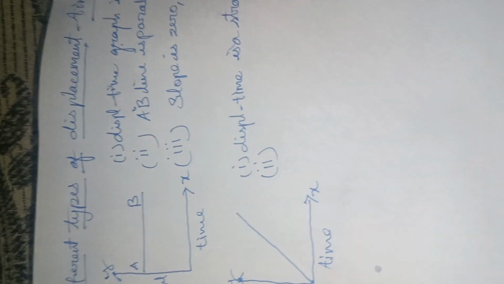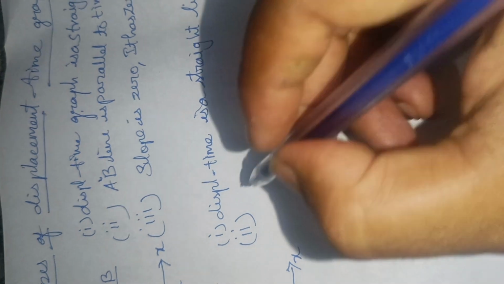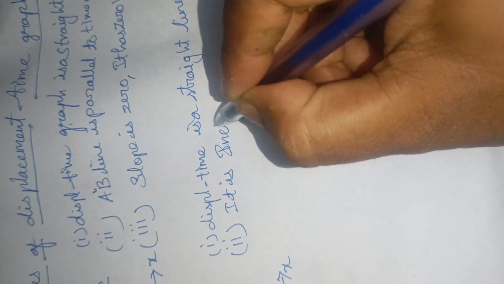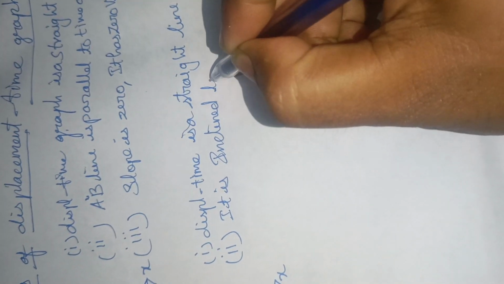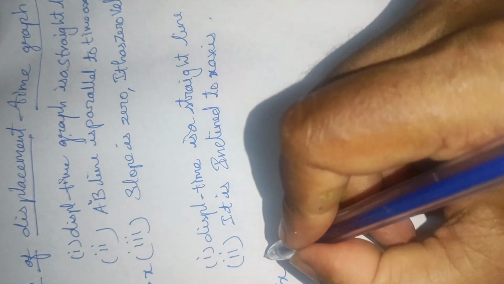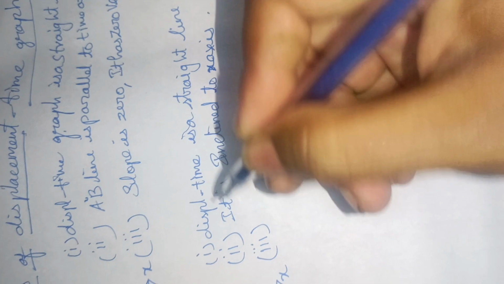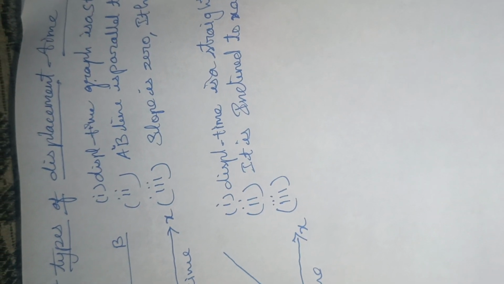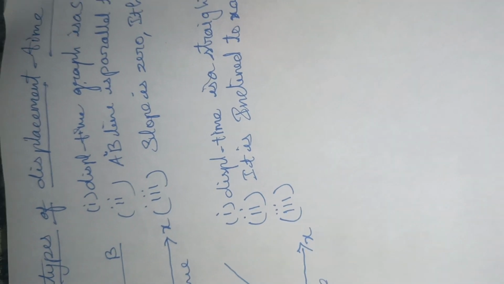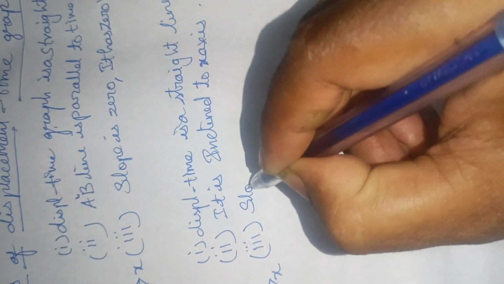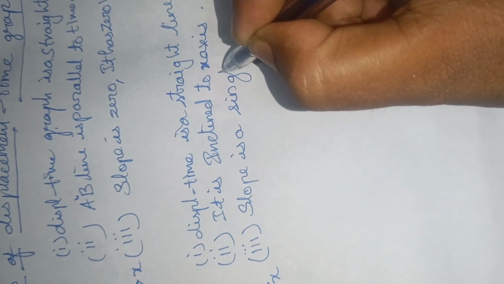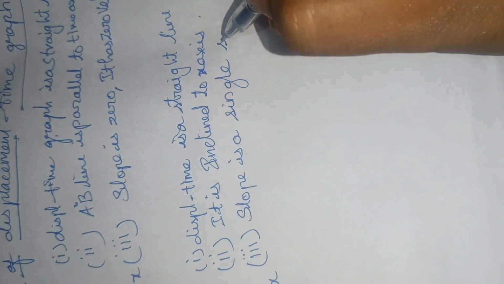Next, point number 2 is that it is inclined to the x-axis, which is the time axis. Point number 3, the slope of this graph is a single slope, since it has only one slope.